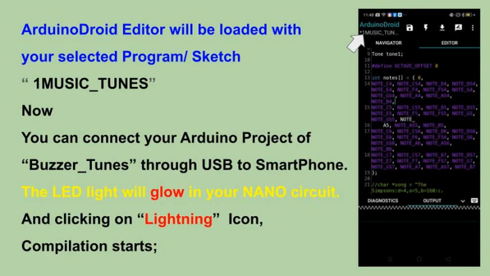Music Tunes. Now you can connect your Arduino project of music tunes through USB to the smartphone. The LED light will glow in your Nano circuit, and clicking on the lightning icon, the compilation starts.